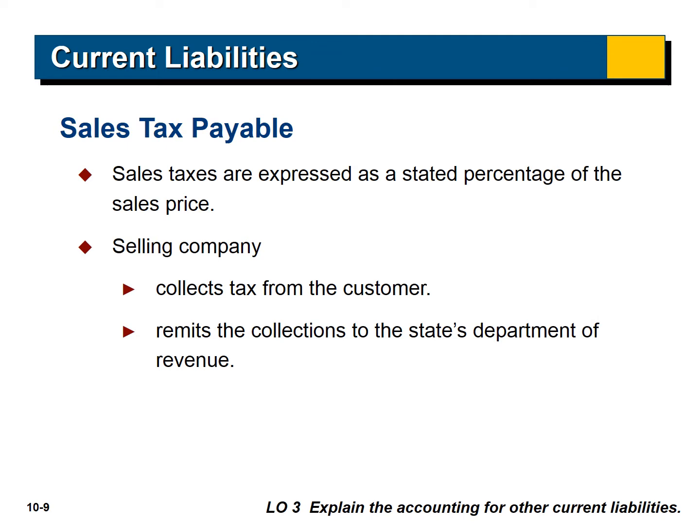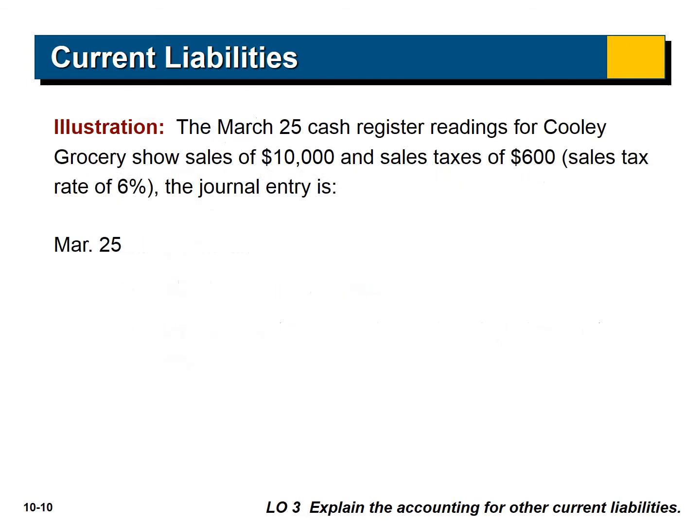Sales taxes payable. When you buy something in a store, a company charges you sales taxes. Well, they're collecting the taxes from you, but then they have to remit it to the State Department of Revenue. So March 25th, cash register readings show sales of $10,000 and sales taxes of $600, which means it's a sales tax rate of 6%.